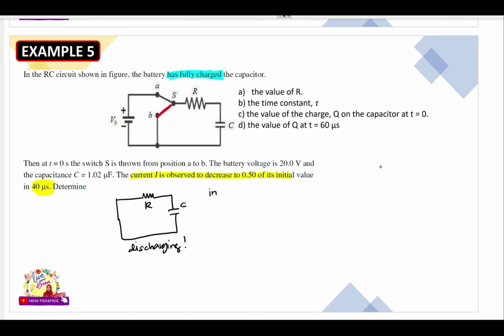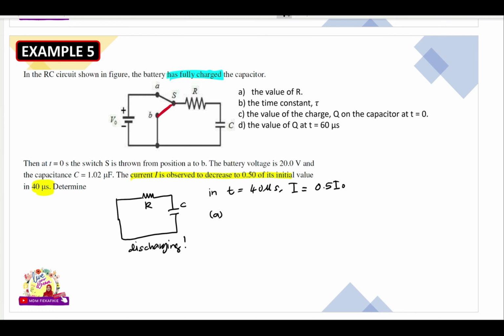So in 40 microsecond, I is equal to 0.5 of its initial current. Boleh? So this is discharging process.